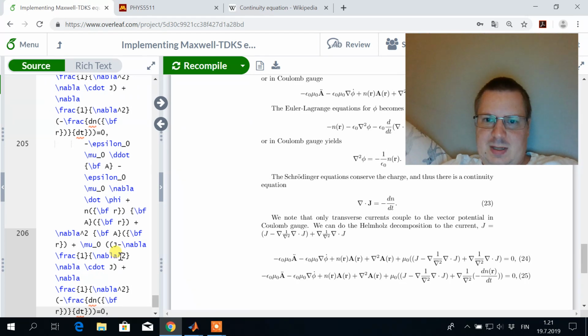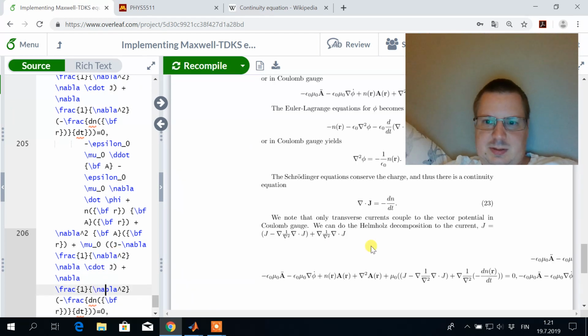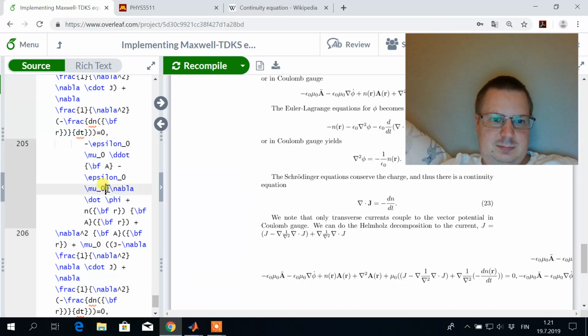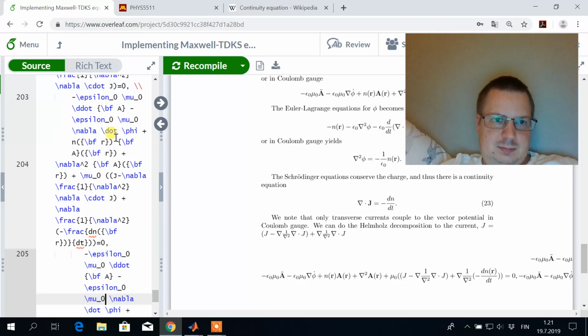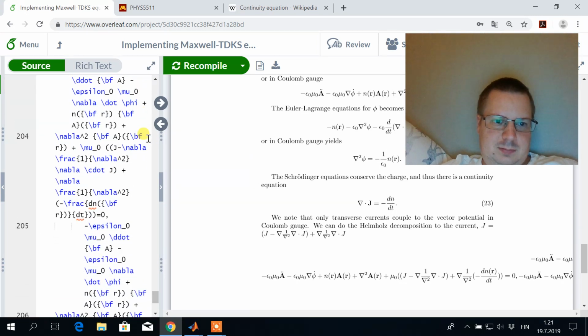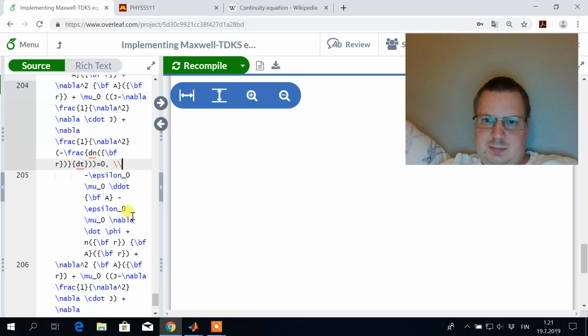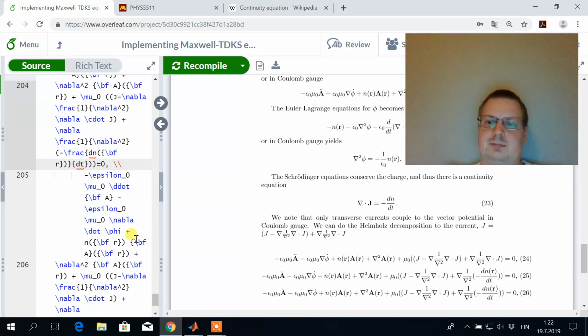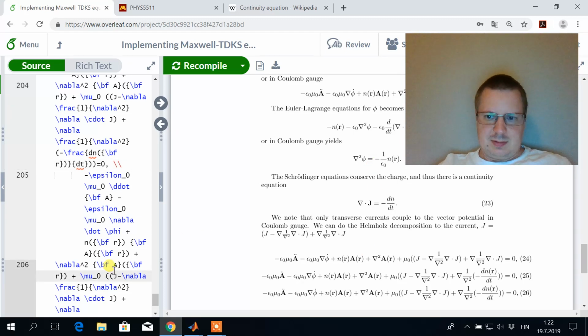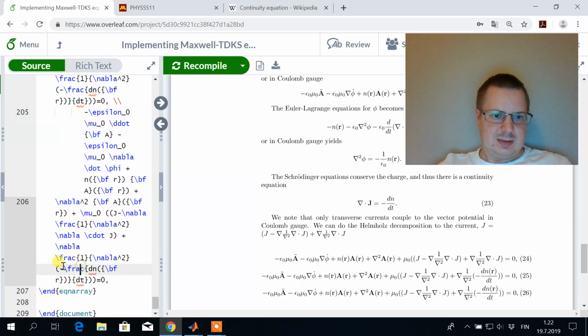Where we explicitly use that, we substitute this one with nabla squared, so the minus dn/dt.